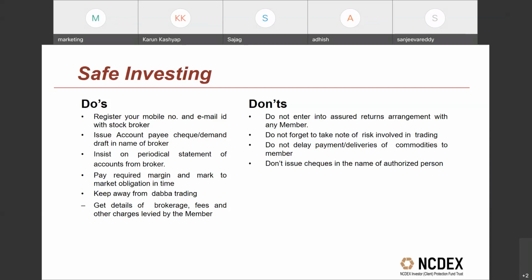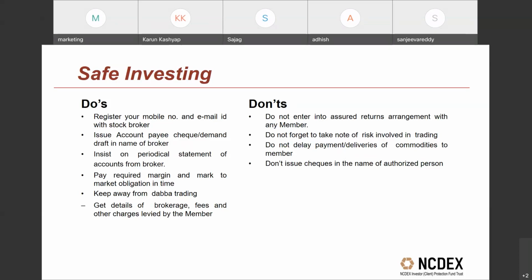Whatever fee we are paying to the broker, we should ask for the details of that. And like we have discussed earlier, if somebody is committing to a false assured return, we should not take it seriously.